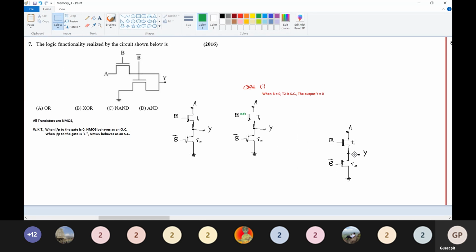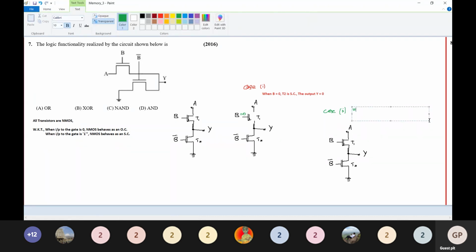And similarly, the second case. In case 2, if B is equal to 1, what will happen to your transistor T1?